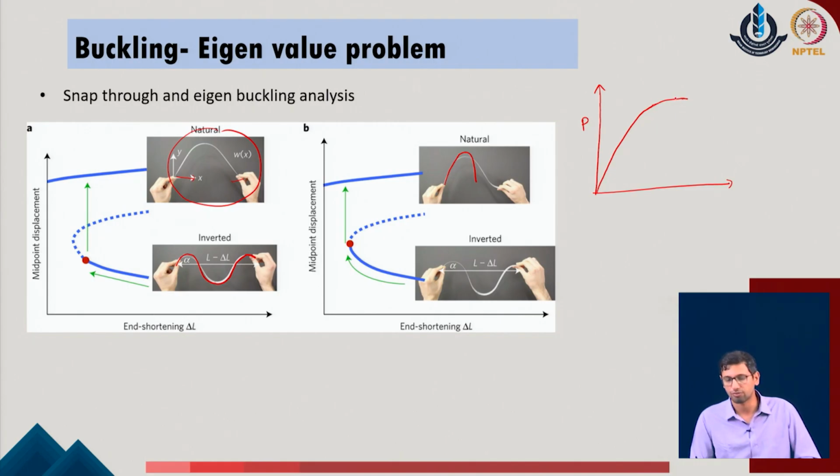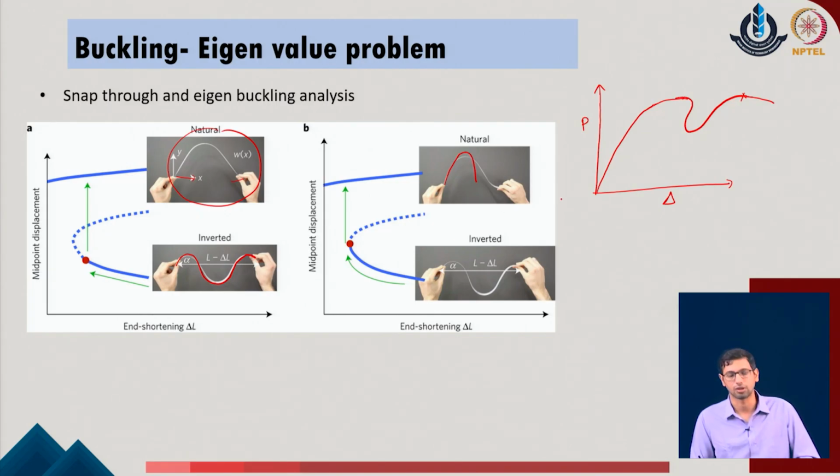So, this could be defined by a profile like this, where the system undergoes a significantly large displacement, then all of a sudden the load level reduces such that it appears the system is moving towards instability or buckling failure, but all of a sudden the system snaps and moves to a new position, which is another equilibrium position, and then the system may continue to take up load in this new configuration.